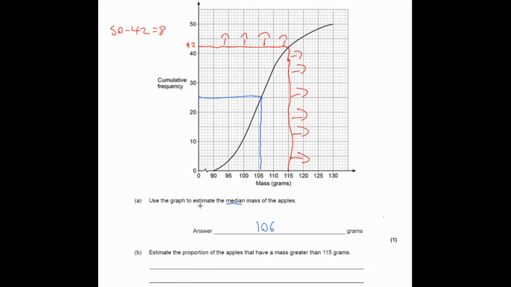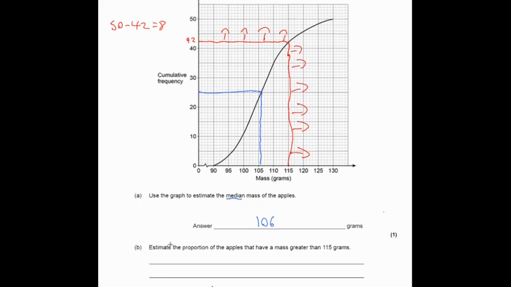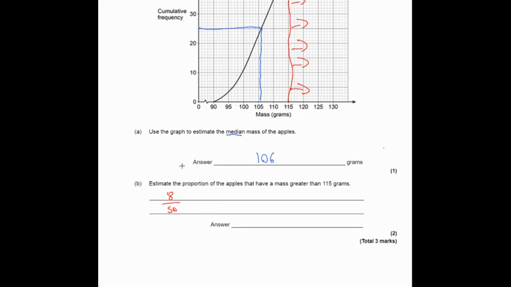So the proportion is going to be 8 out of 50. That is a proportion. Or if you like, you can write it as 0.16. Either one is fine as a final answer. I prefer 0.16 in this case. The only reason I didn't like 8 out of 50 was because it wasn't a simplified fraction. That's just preference.